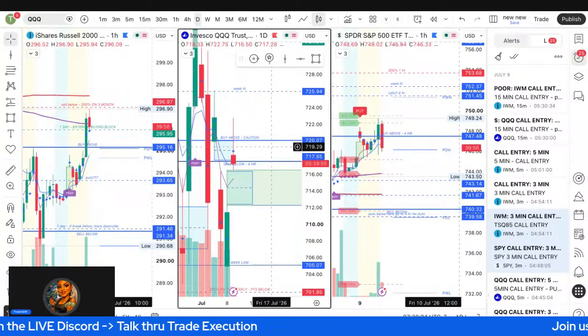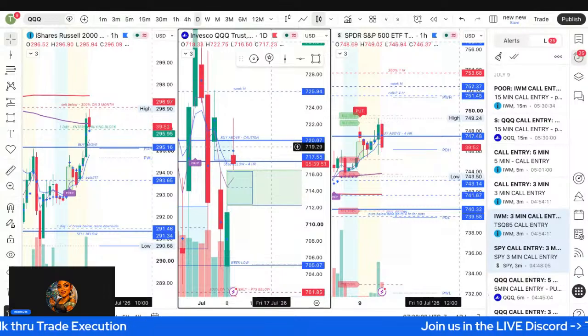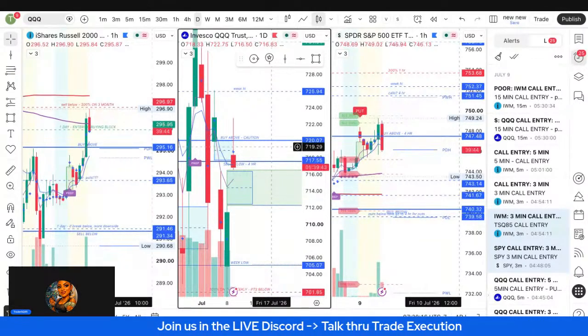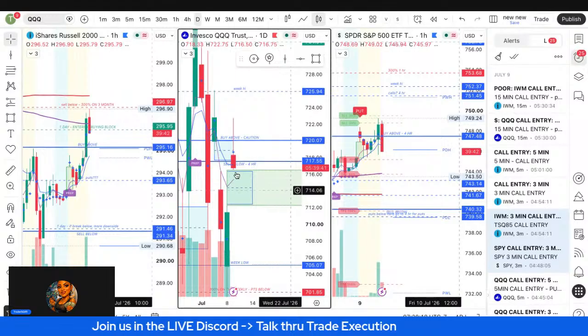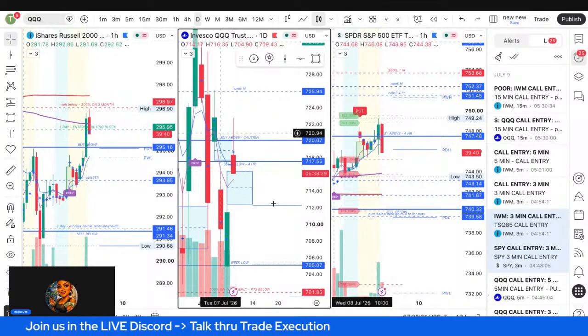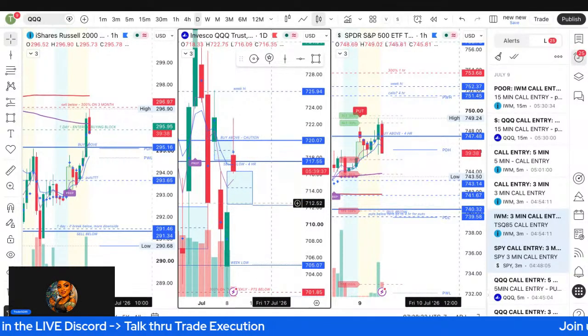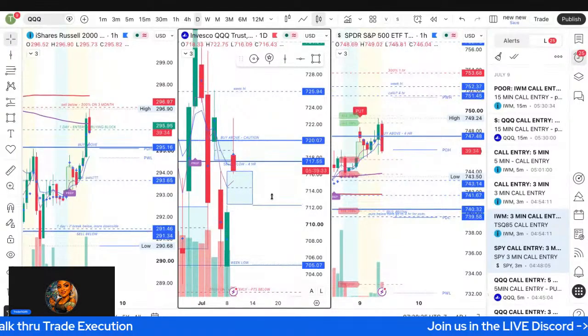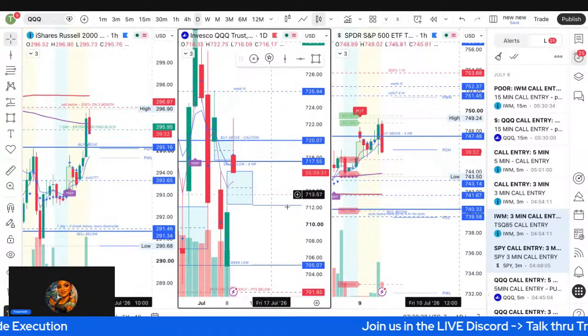There's a little bit of a bounce here off of this base. Let's see what it does with this gap.